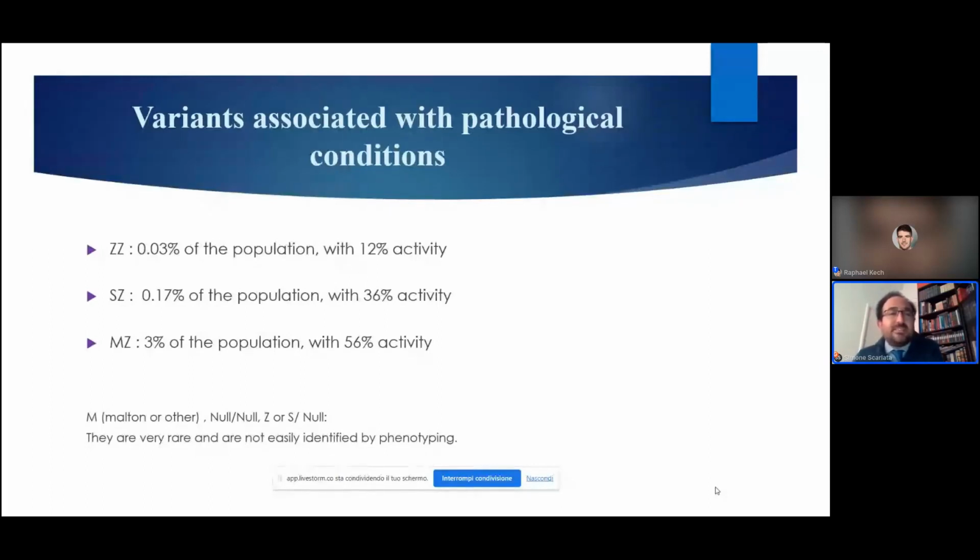Together with the SZ variant, carrying 36% activity of the protein.